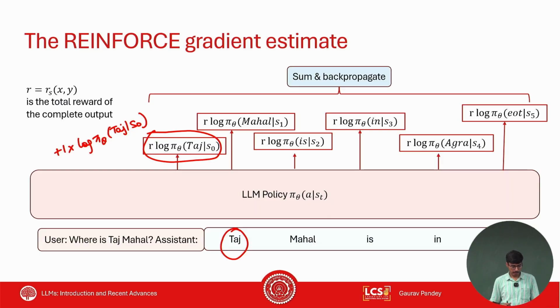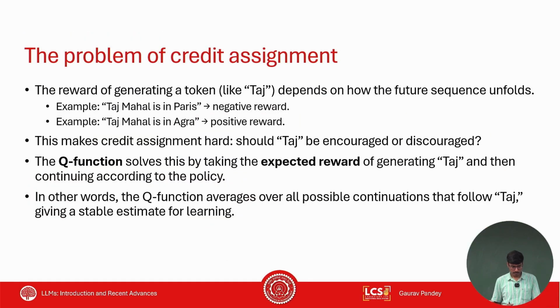That's credit assignment. So if you are generating "Taj Mahal is in Paris", you will get a negative reward, and if you are generating "Taj Mahal is in Agra", you are getting a positive reward, and it's not clear to the model whether to increase or decrease the probability of the word Taj.